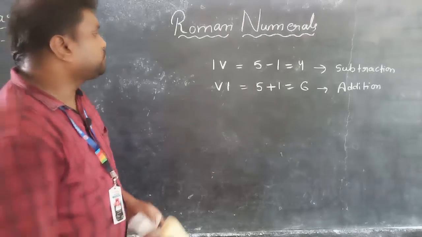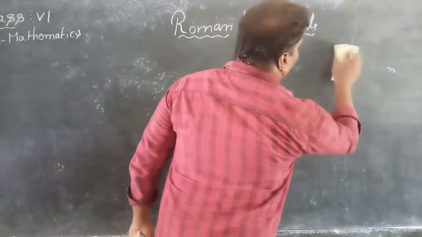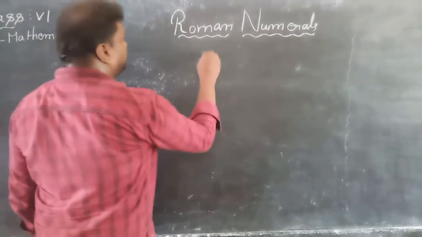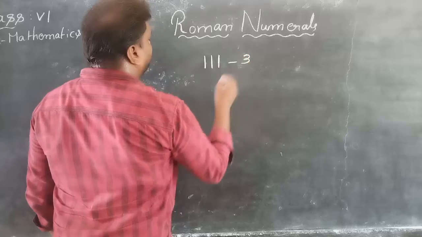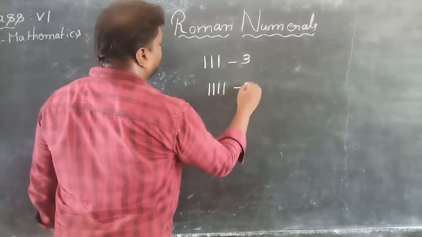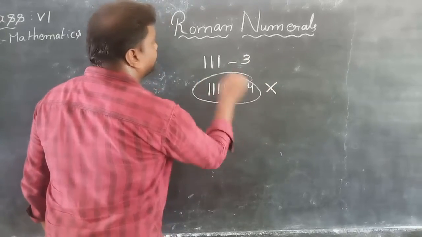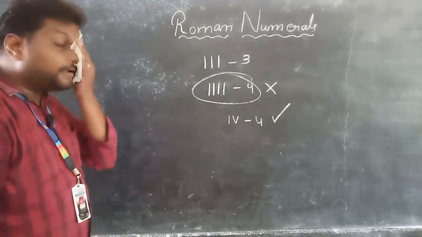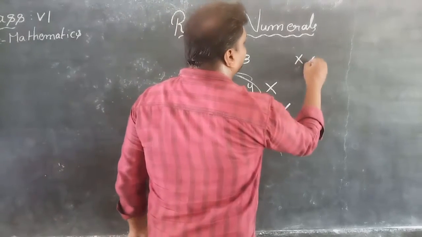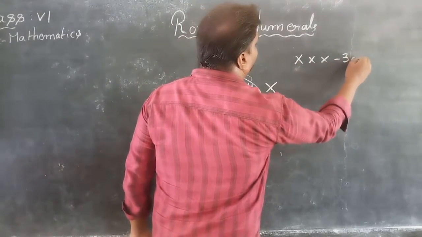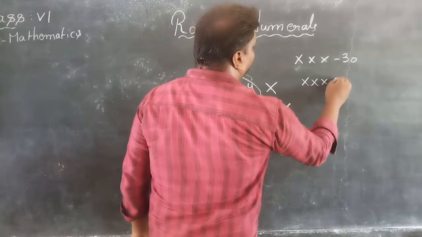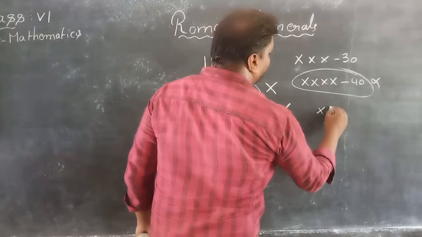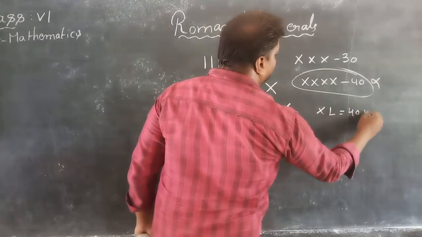Okay, next: any Roman numeral will not repeat more than 3 times. This is wrong, and this is correct. Like that. This is wrong, we have to use this, this is correct.